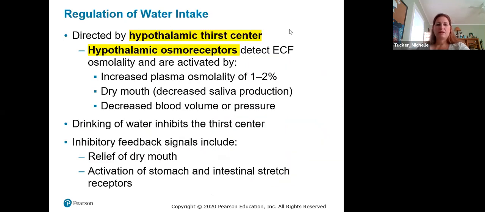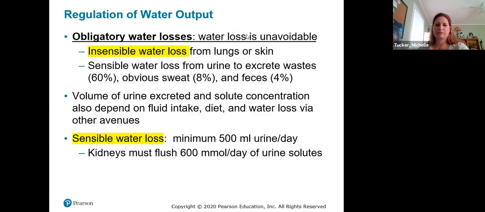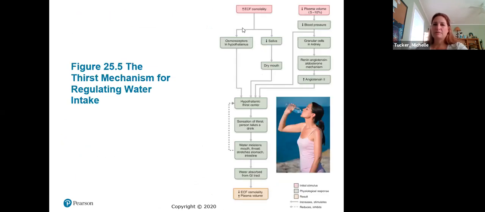So regulation of water intake, as I mentioned, is controlled by the hypothalamic thirst center. There are osmoreceptors. So right now, okay, this graphic gets a little ahead of itself because sodium's going to have two roles.